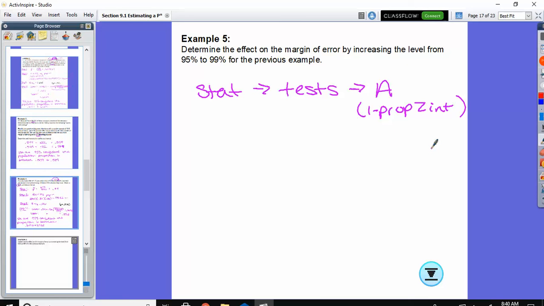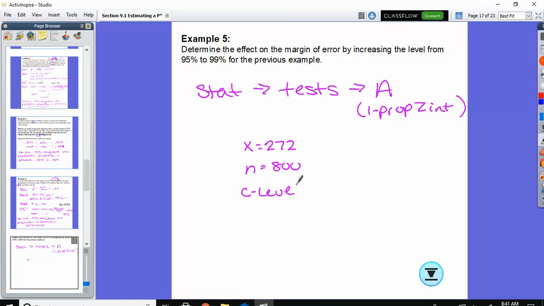Okay, it's going to ask us just a few questions. So our X, in this case my X was 272. It asked me for my N, which was 800. It asked me for the C level, that's your confidence level.